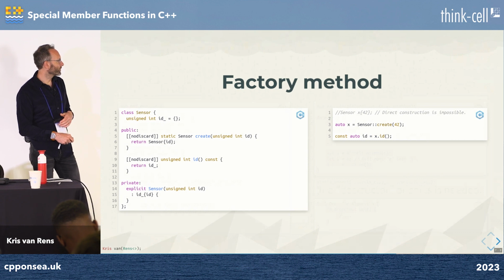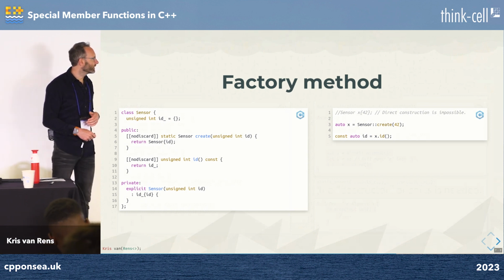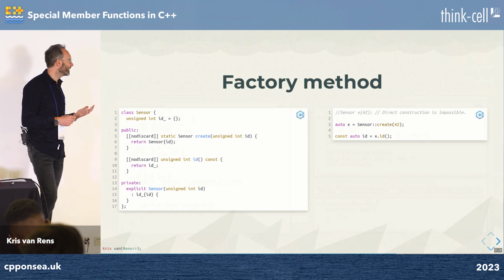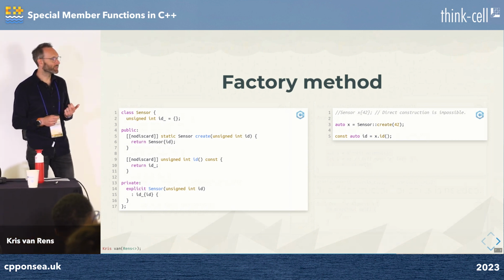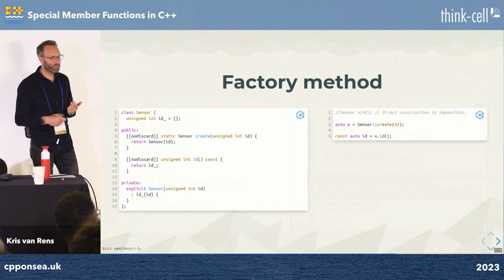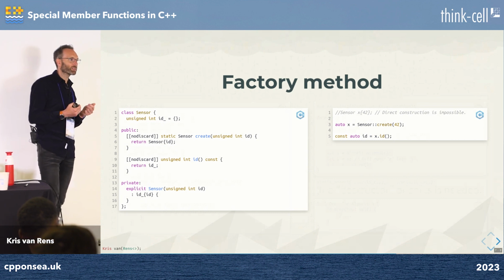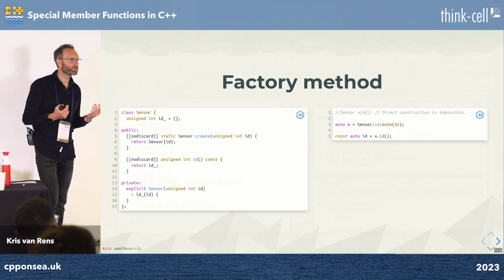So what you then do is perhaps hide the explicit constructor and force the user to always use the create function. But it does actually make sense to use this from another perspective. If you implement a normal constructor, you don't have a return value, right?